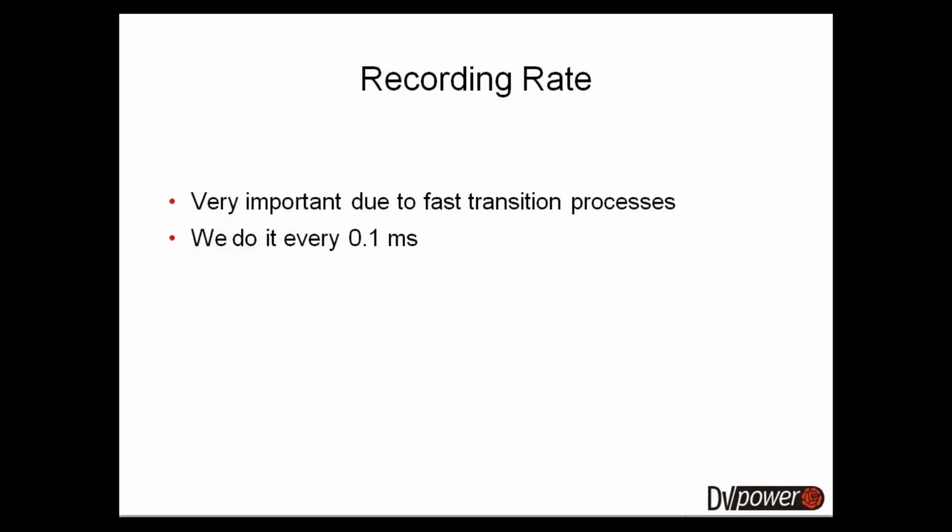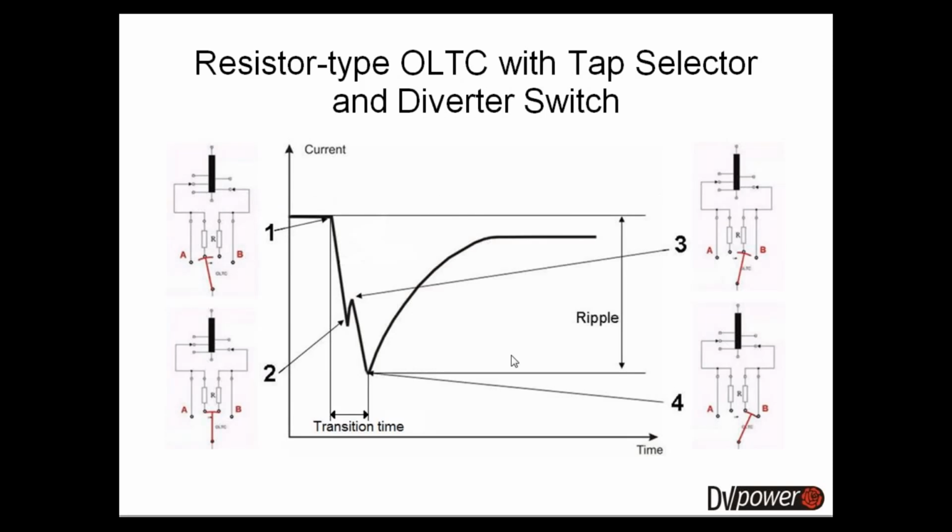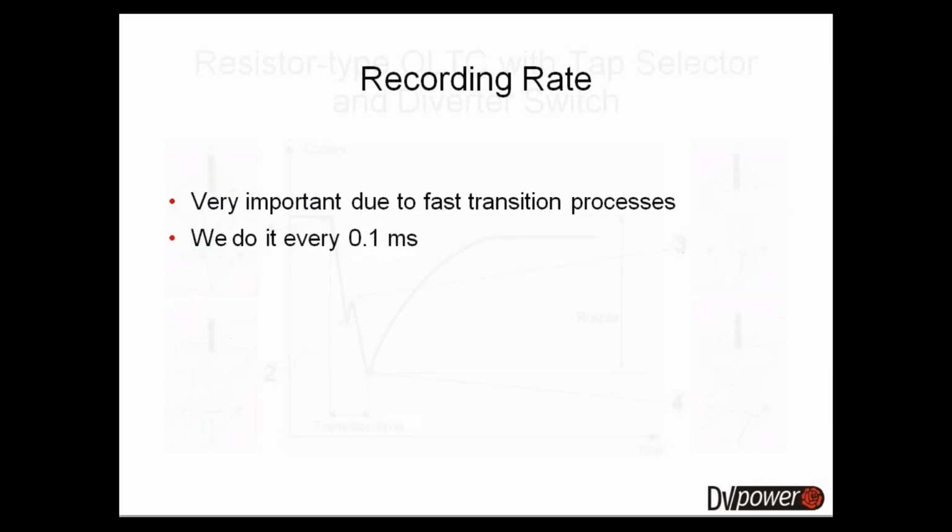This current is recorded at a very fast sampling rate. And the reason this is done is the very fast transition process. So this entire transition on tap changer type M from Reinhausen happens in 30 to 40 milliseconds.